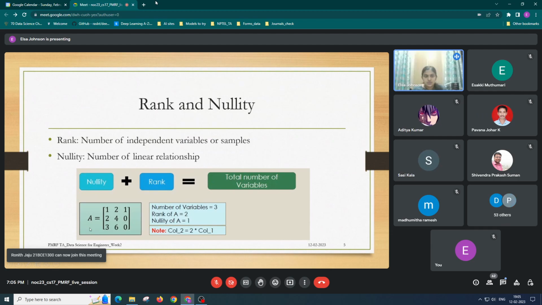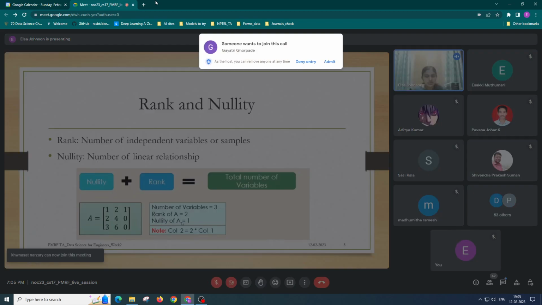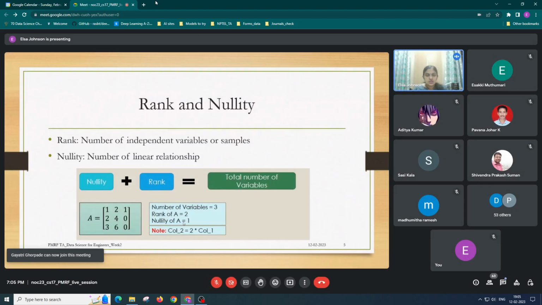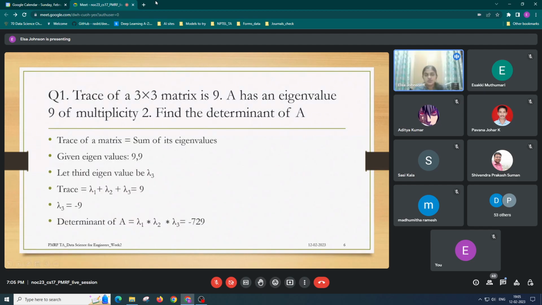So for example, in this particular matrix, the number of variables will be 3. The rank of A in this matrix will be 2, because you can see here 1, 2, 3 is the first column, 2, 4, 6 is the second column. So there is a relation between them. So the rank will only be 2, and then the nullity of A will be 1. So in this case, column 2 will be 2 into column 1. Okay, so that is the case.